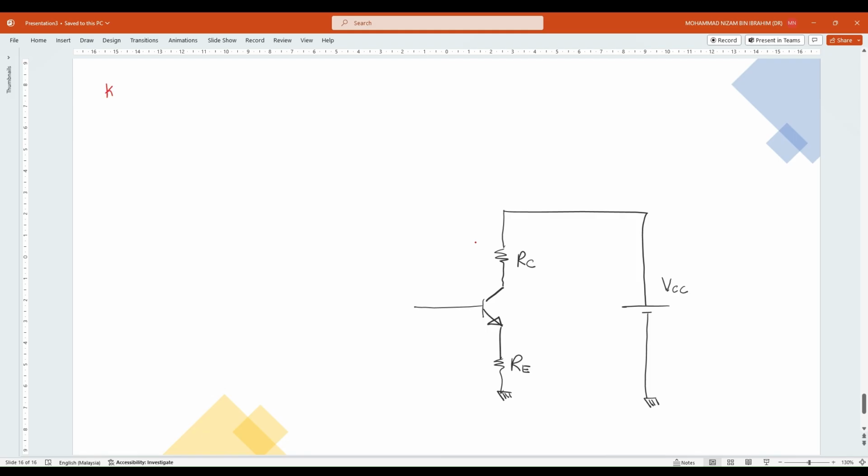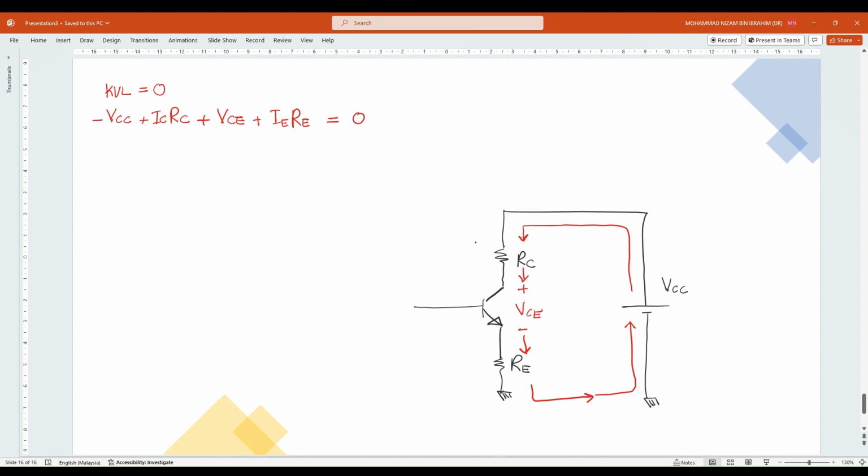Write a Kirchhoff voltage equation around the output loop. IE is approximately IC.